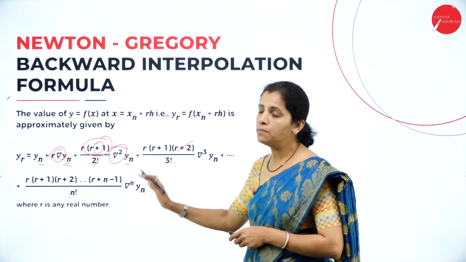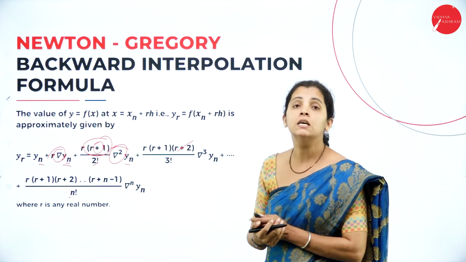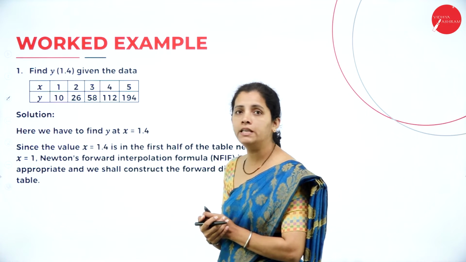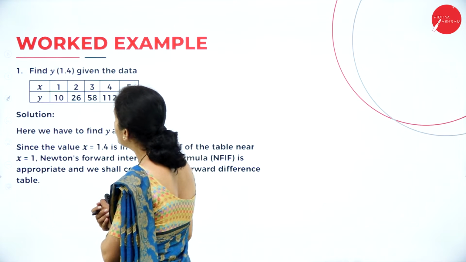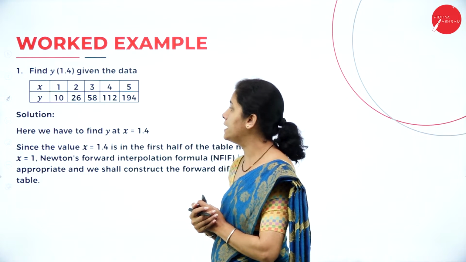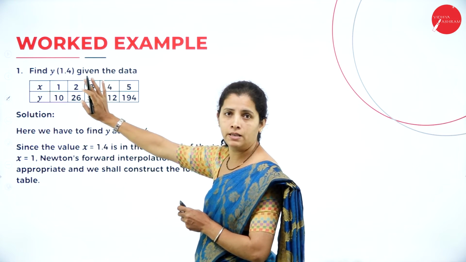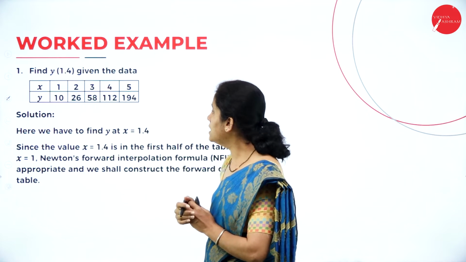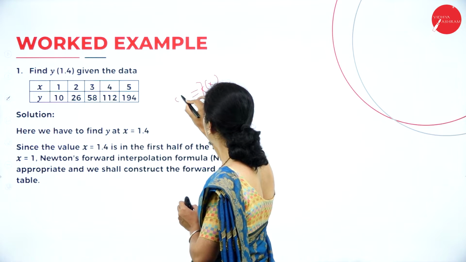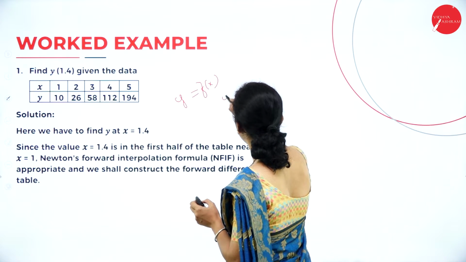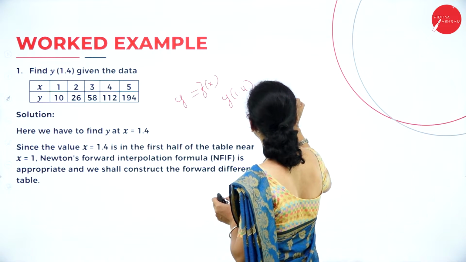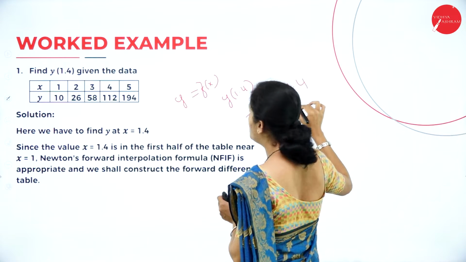Now, dear student, by using these two formulas, let me solve some examples. So, dear student, I'm going to have the table, that is, find y of 1.4 given the data, and I have the table. Now, I know that f of x equal to y. So here y of 1.4 is nothing but x equal to 1.4.